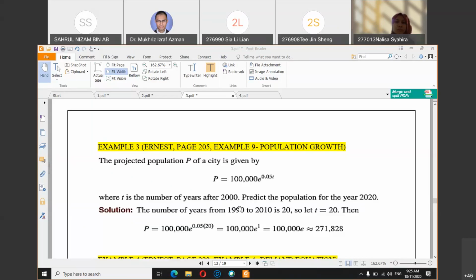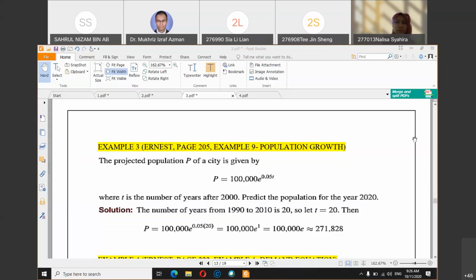But why here 1990 to 2010? Of course, it's still 20 years, but this one the beginning is 1990. This one the beginning is 2000.